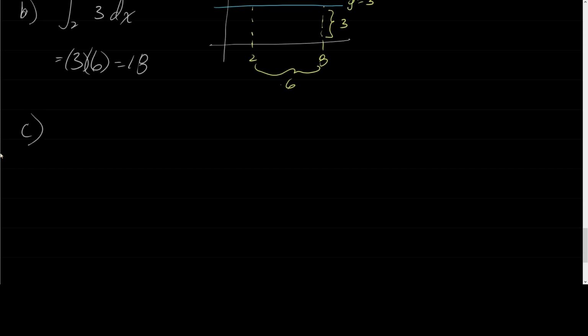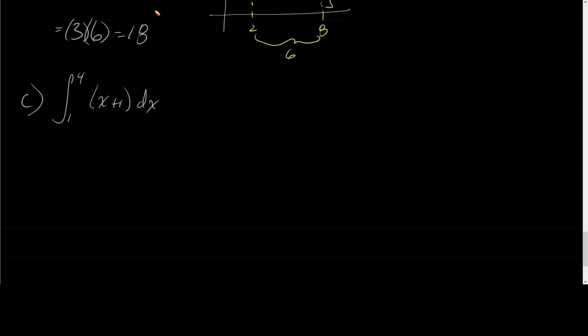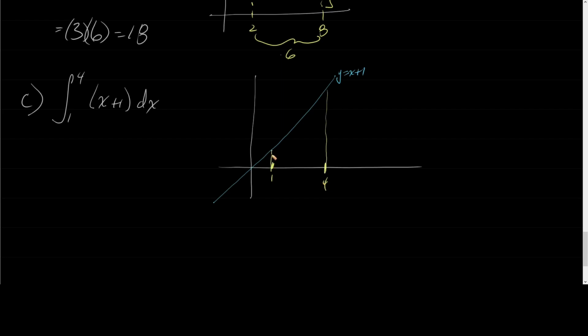Next example. Let's say we had the definite integral from 1 to 4 of x plus 1 dx. All right. So let's see what that region looks like. So we have the line x plus 1. And we're going from 1 to 4. And that's the area that we were trying to figure out.